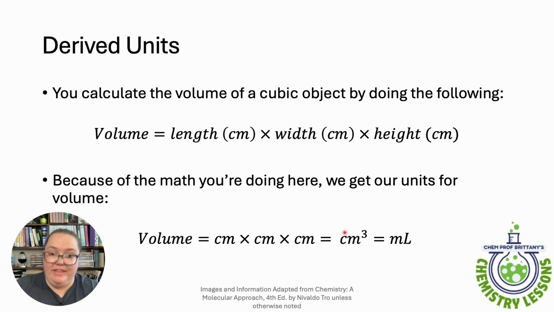Now, we call a centimeter cubed a milliliter in chemistry, and it is very useful for anything that we need to talk about using volume. But this is not a standard unit, it is a derived unit. So anything that was not one of those 7 that was on that list is a derived unit.